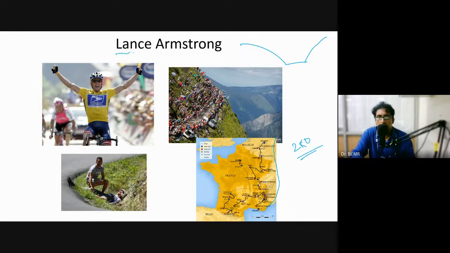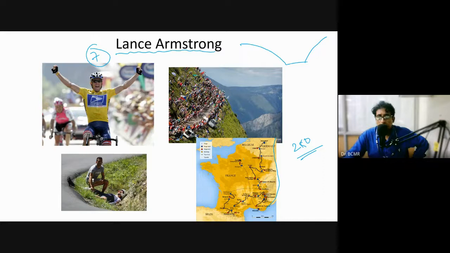Lance Armstrong is an American, and their team won 7 times, I think. But later, he was accused of doping, and then he eventually admitted as well. Anyway, this is a very famous tour, and they struggle. That is one of the most competitive ones, in the sense of demanding a high level of fitness.